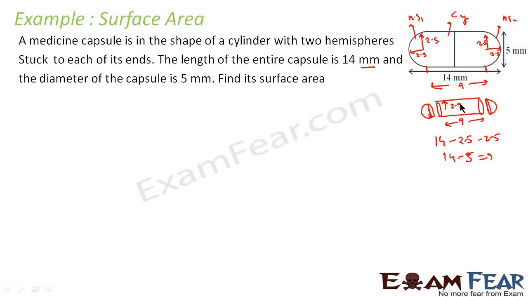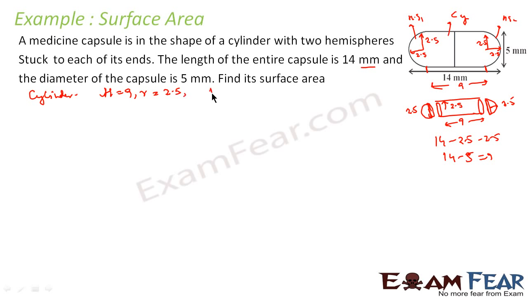Similarly, for the hemispheres, the radius of this one is 2.5, and here also the radius is 2.5. So what we can see here, for the cylinder, height is 9, radius is 2.5.